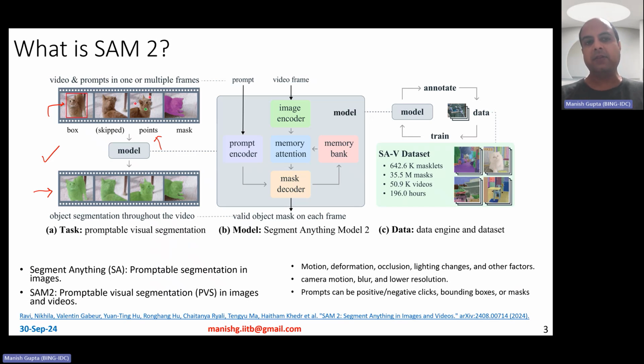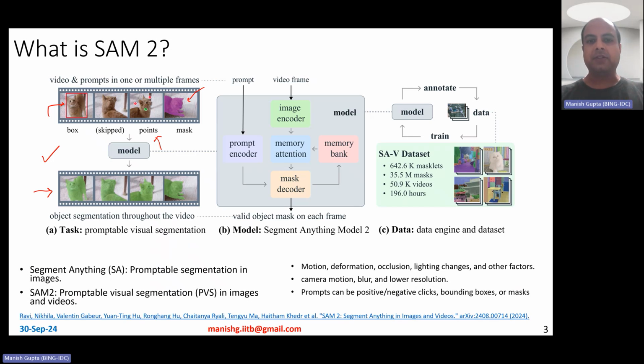And then the user can also specify the prompt in the form of a mask itself. Of course, this is very expensive for the user to specify. So it is basically an interactive video segmentation model, which tries to track objects of interest for the user, any object that can be bounded by drawing a boundary across time.